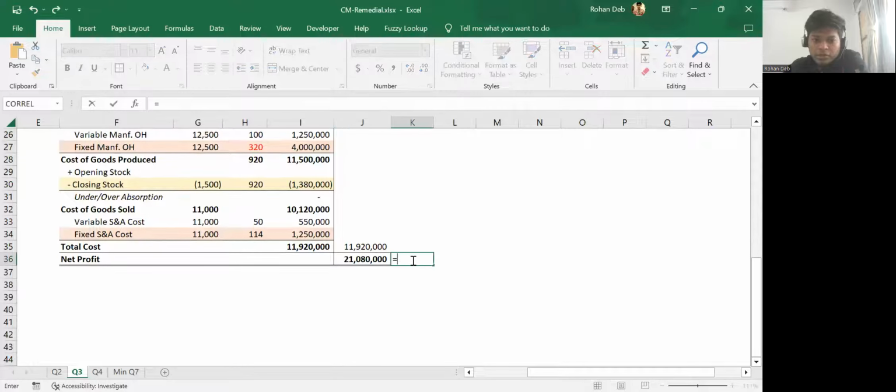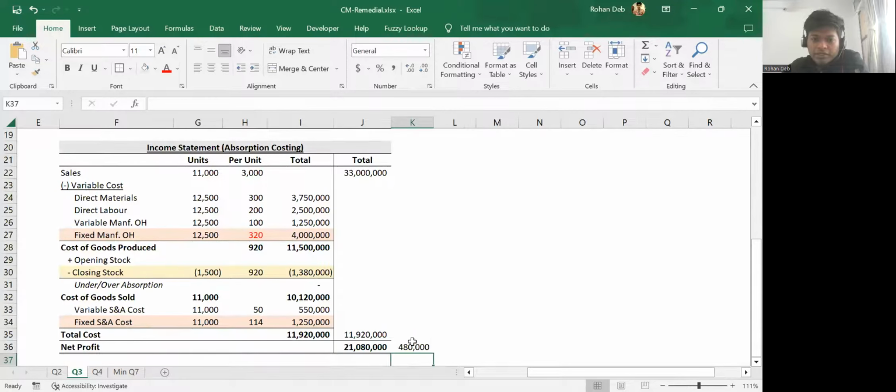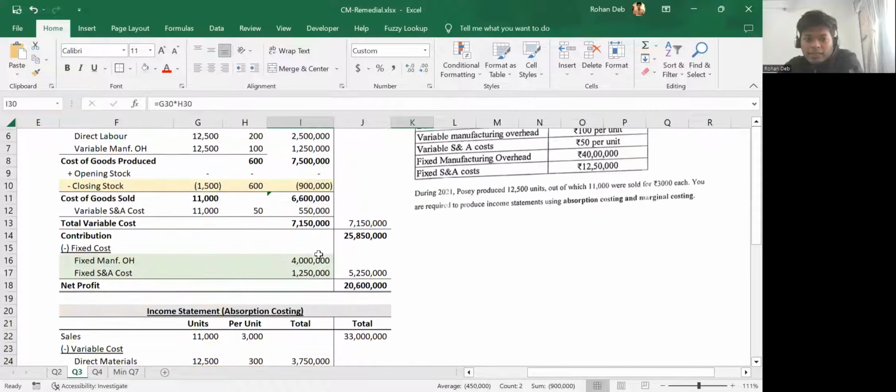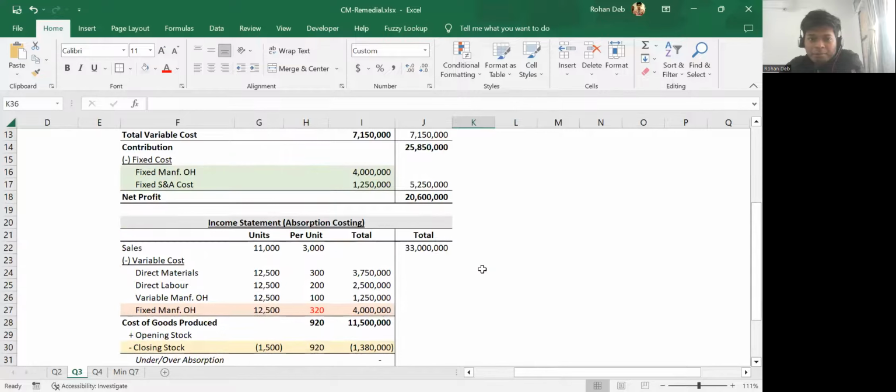So here the difference would be this minus this, so the difference is 480 rupees. If you add this and the closing stock, you'll see that the difference is 9 lakhs, so the difference between the closing stock in these two cases is the difference in the income. Okay, there's no other change.